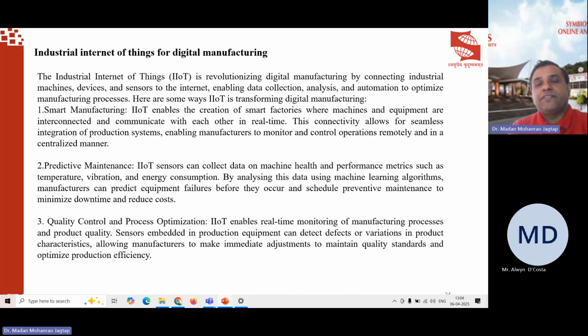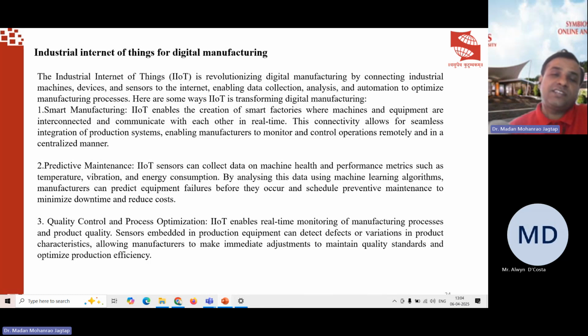The basic device is a sensor device which enables a machine to transfer its information to the other machines. That is possible through the industrial Internet of Things. So equipments are interconnected and communicate with each other in real time. They transfer data from one point to another point.